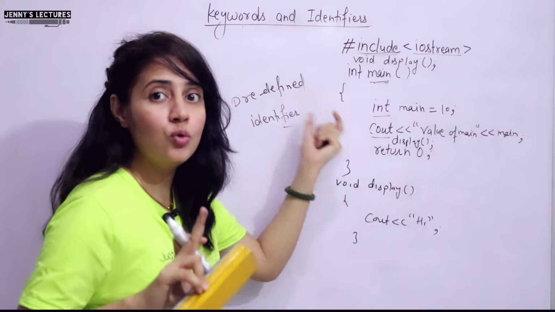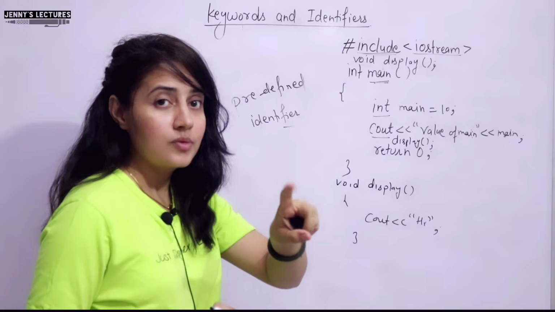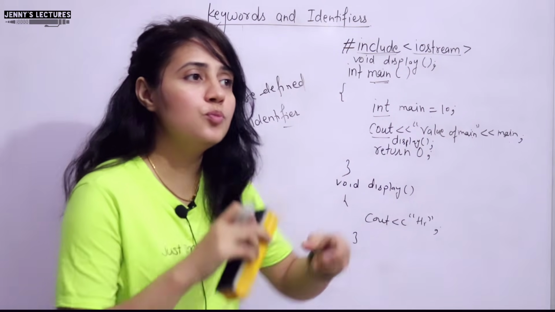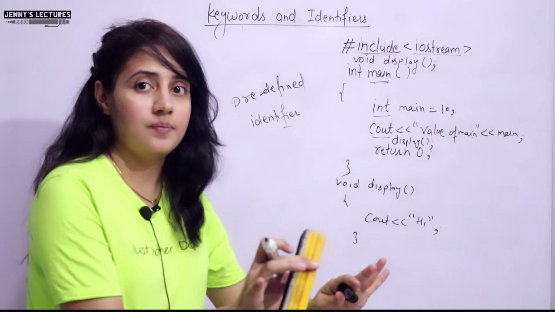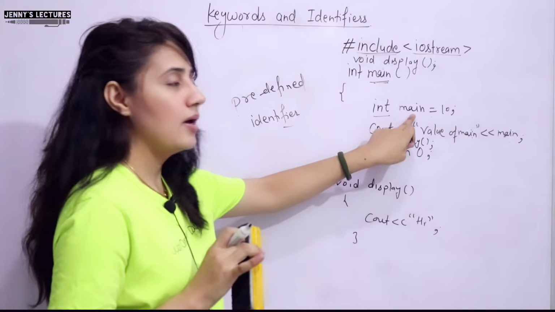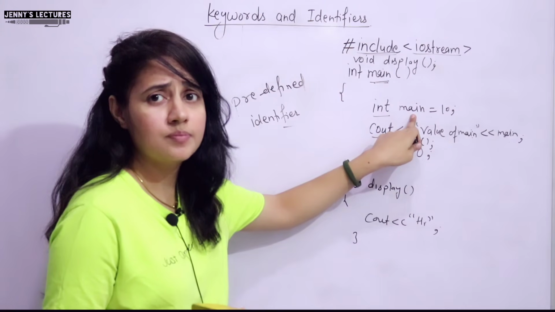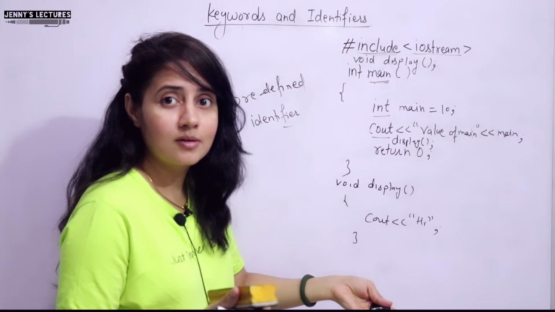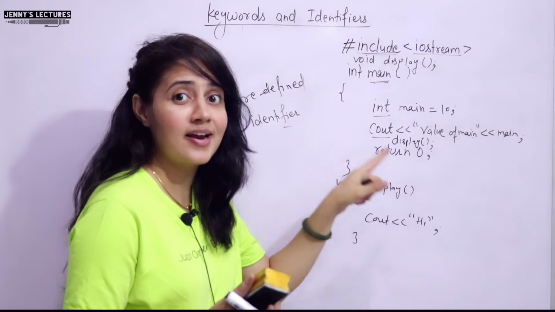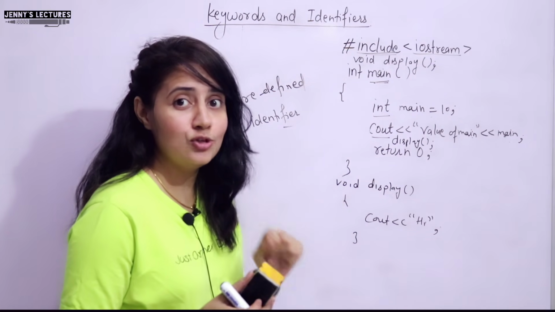You cannot use a keyword as an identifier, I have told you. If main were a keyword, this would give an error, but main is not a keyword. Main is a predefined identifier. You can use it in your program as the name of a simple variable, and it will not give an error. But I'm damn sure 99% of you guys haven't tried this thing. You can try this. I'll show you on my laptop also.